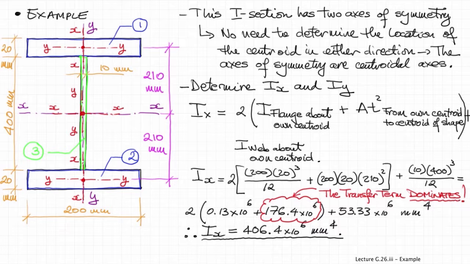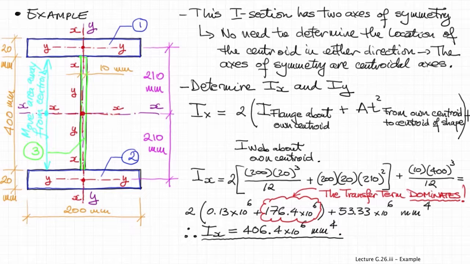Now, if you look at these three components, you will see that the transfer term dominates. It's the largest number in the composition of Ix, and that's because material was pushed away from the centroid of the entire section. This is how these flanges were created. So material was pushed away from the main XX axis.